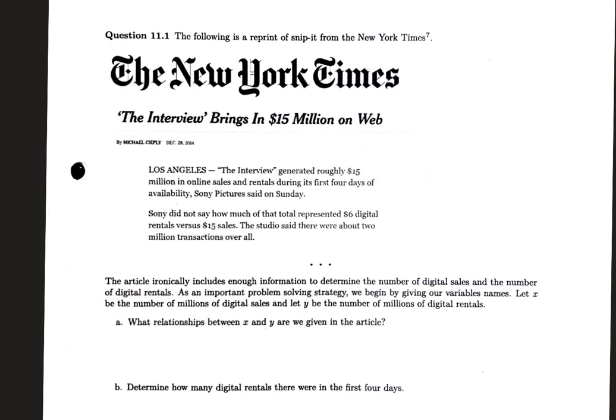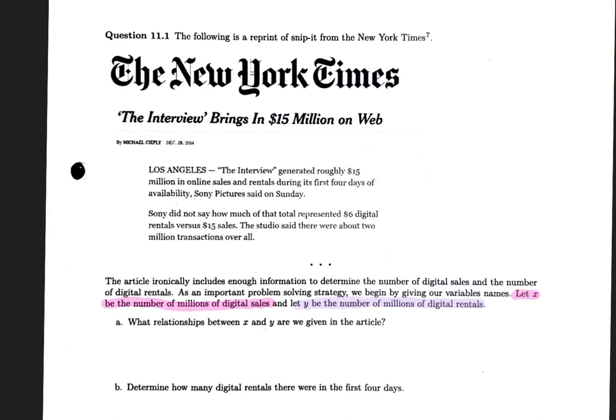So our X is the number of millions of digital sales, and our Y is the number of millions of digital rentals. Okay, so there is a relationship between X and Y we are given. They actually tell us two relationships.